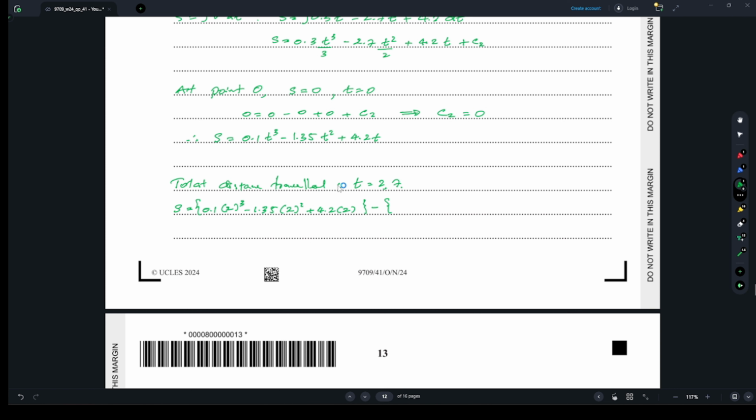Then minus the distance within 7 seconds: 0.1 times 7 cube minus 1.35 times 7 square plus 4.2 times 7.